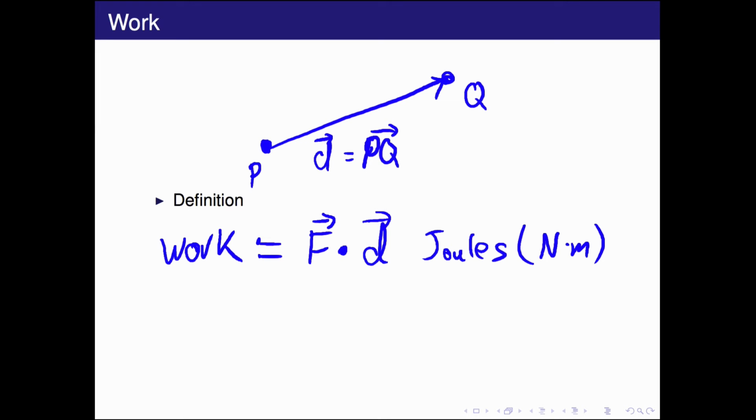And suppose you have a force that was acting on the object with the same magnitude and direction the entire time until we stop, then the work that is done on the object in the motion is the force vector dotted with the displacement vector. Roughly speaking, it's a measurement of how much energy needs to be put into the system to change the location of the object using a constant force.